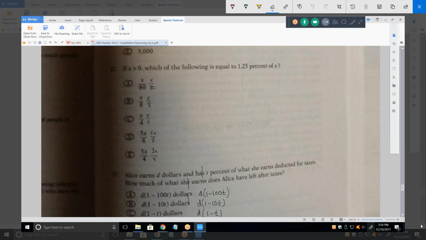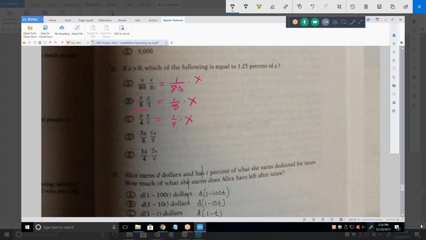No, not really. Here's what you have to do. You have to separate that out. That is equal to 1/80th times X. This is equal to 1/8 times X. This is equal to 1/4 times X.